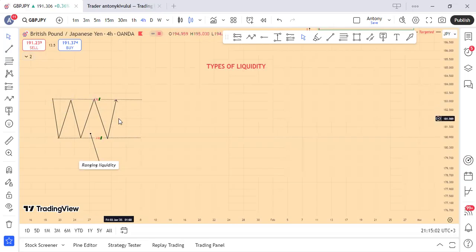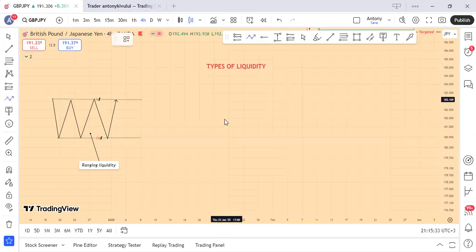Remember, the market moves in three ways: an uptrend, a downtrend, and a consolidation, or what we call ranging. So the market is bouncing at this support and bouncing to this resistance. This is one of the types of liquidity.